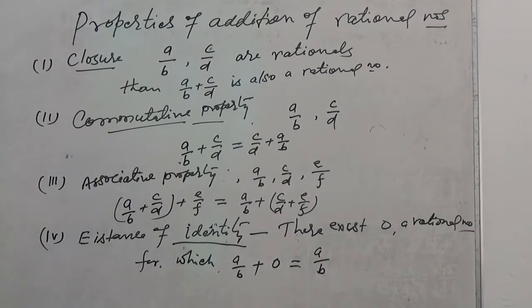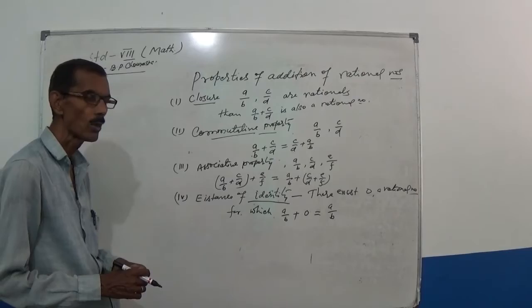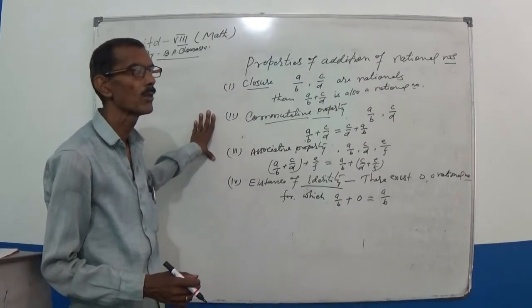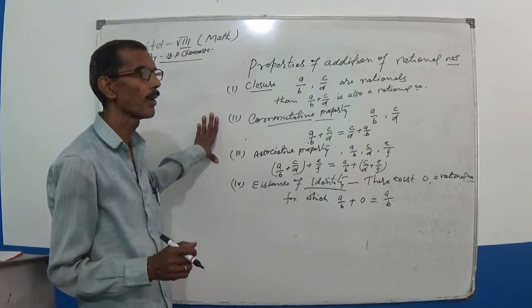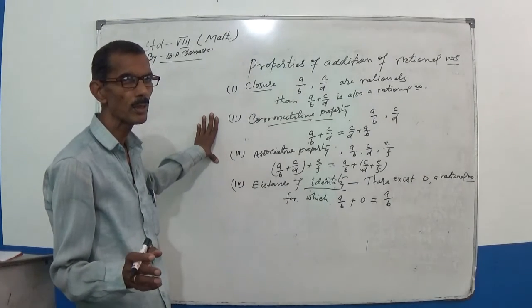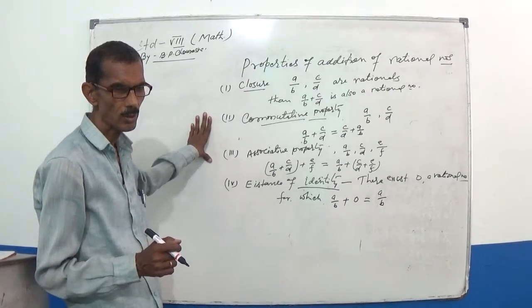Rational numbers means the whole collection of rational numbers. These properties are given for rational numbers, any type of rational numbers. These properties are not for particular rational numbers.